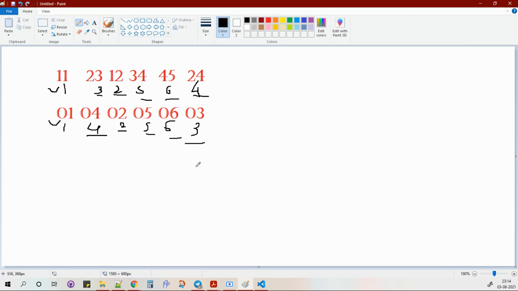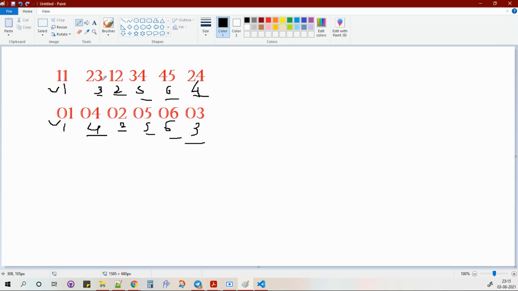Or it can be quadratic also. For one I have 11, then for two I have 12, then for three it directly jumps onto 24 or 23, right? So if the data is increasing in order, then we can say there is some relationship between these two variables, right?